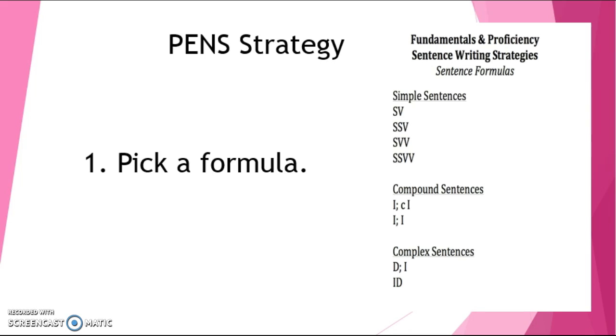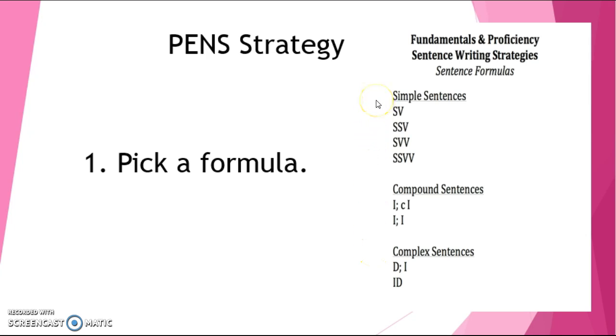Step 1 of the PEN strategy is that you're going to pick a formula. So if you look here on the right side, you have different formulas that you can pick. And we're going to be focusing on simple sentences right now. When we get to the middle of the semester, we'll start working on compound, and then complex sentences.